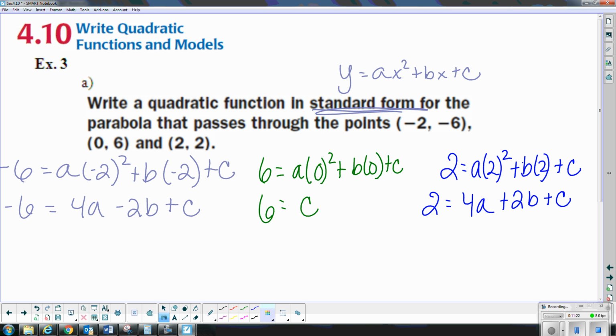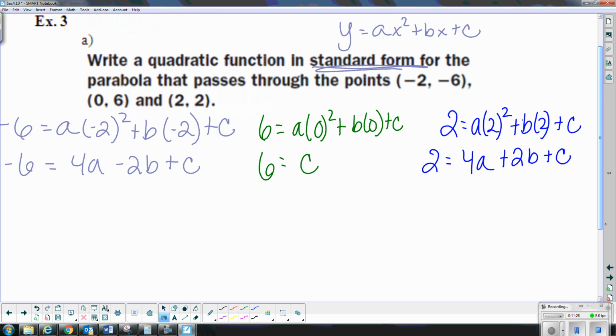All right, now I have a system of equations. I have 3 equations and I have 3 variables. So now I can solve for each of those variables. So c, I've already solved for c. So I'm going to start by substituting c into both of these equations, and now I will have 2 equations with 2 variables.